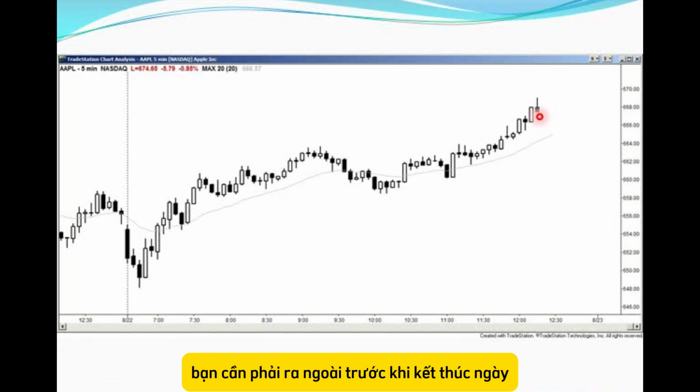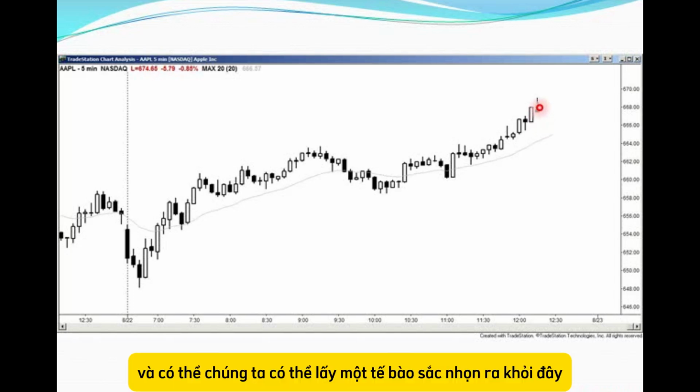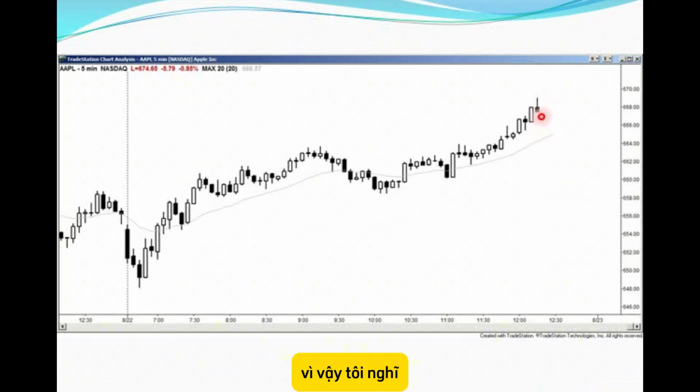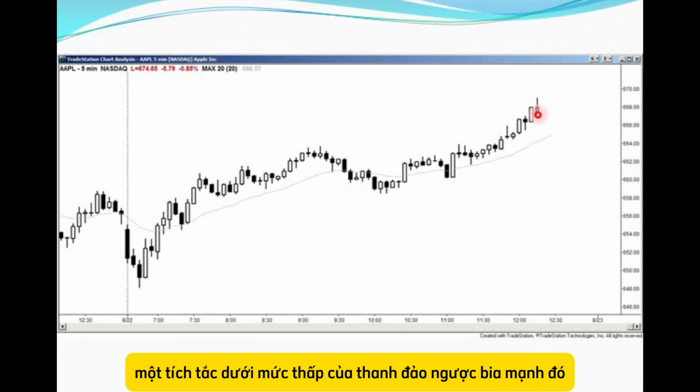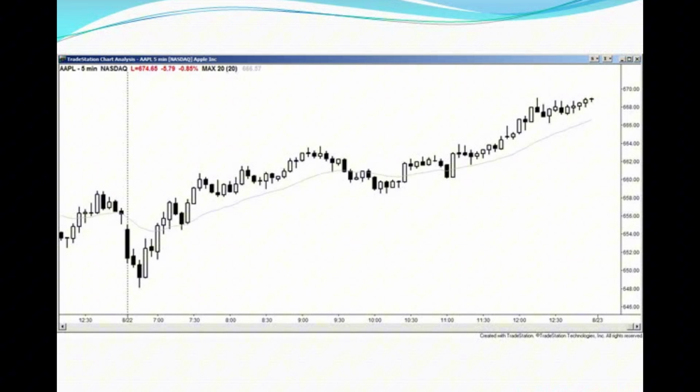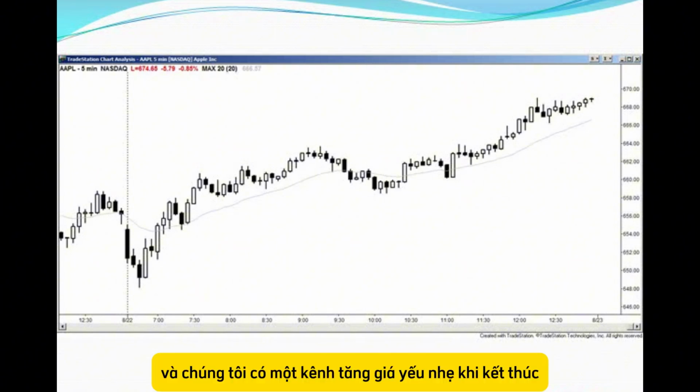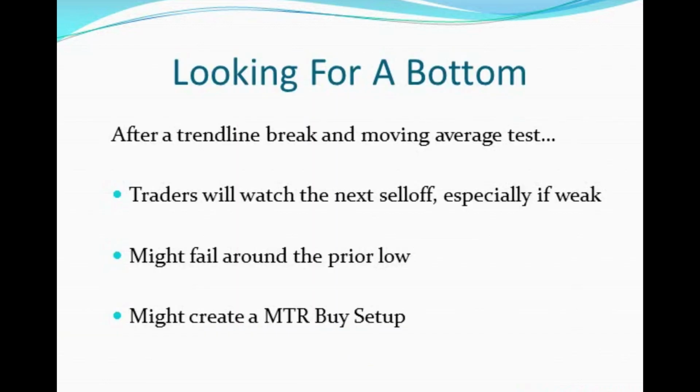You need to get out before the close of the day if you're day trading. And it's possible we could get a sharp sell-off here, so I think this is a good location to exit longs 1 tick below the low of that strong bear reversal bar. And we got a slight weak bull channel into the close.